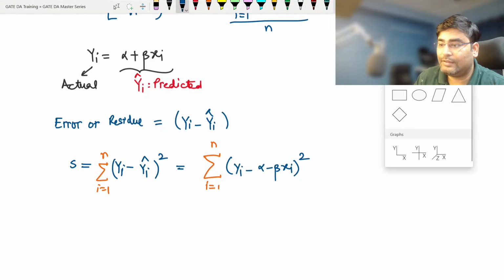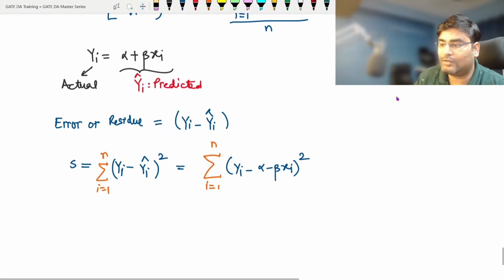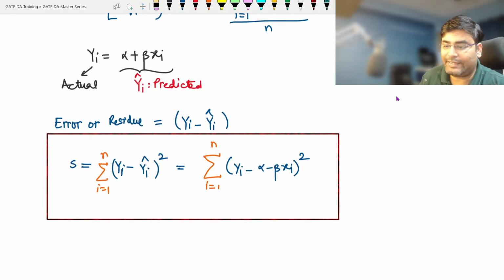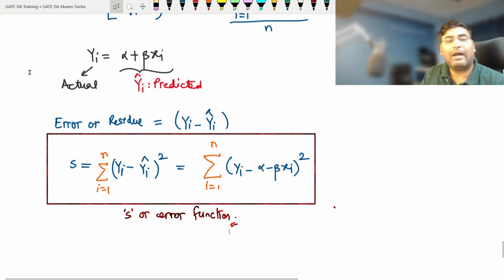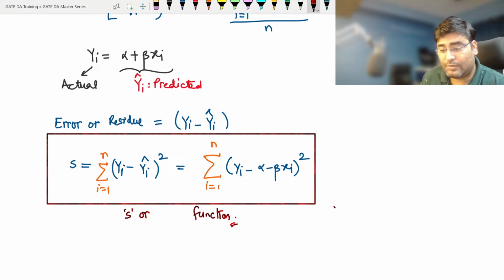And I can put a box here to say that what you are looking at is known as the error function, or S. Now our job is to minimize this error function, isn't it, guys? Our job is to minimize this error function.